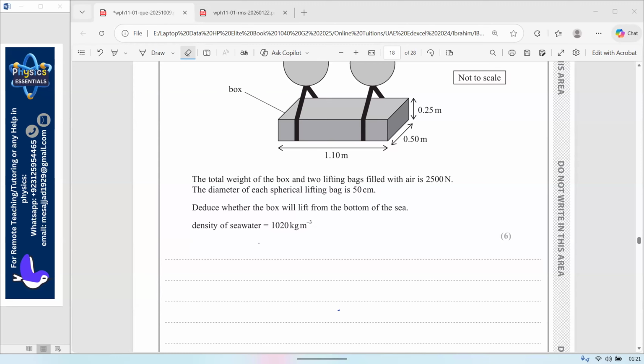When the object is moving up, it means there is a net force acting on the body. And when there is a net force acting on the body, upthrust is winning because it is positive, and the weight and drag are losing, because the object is moving up.